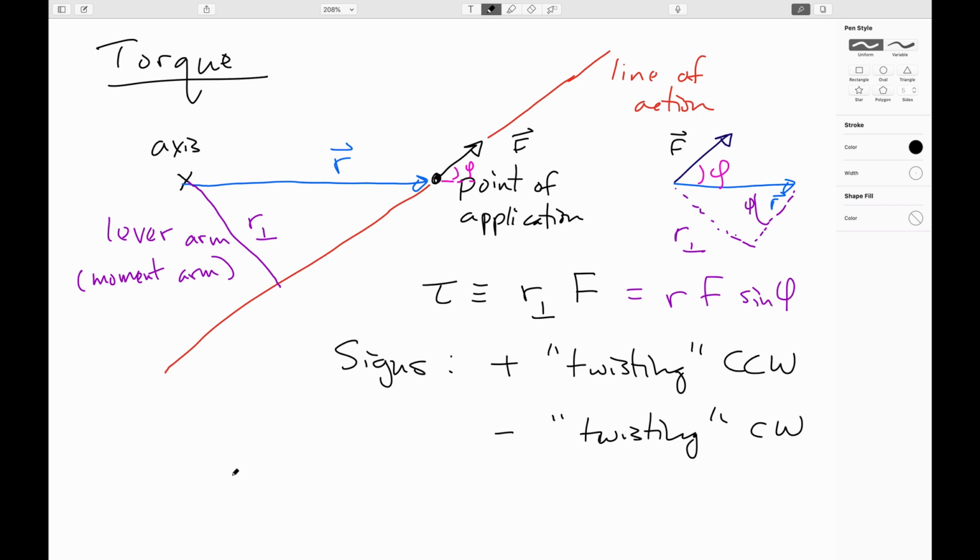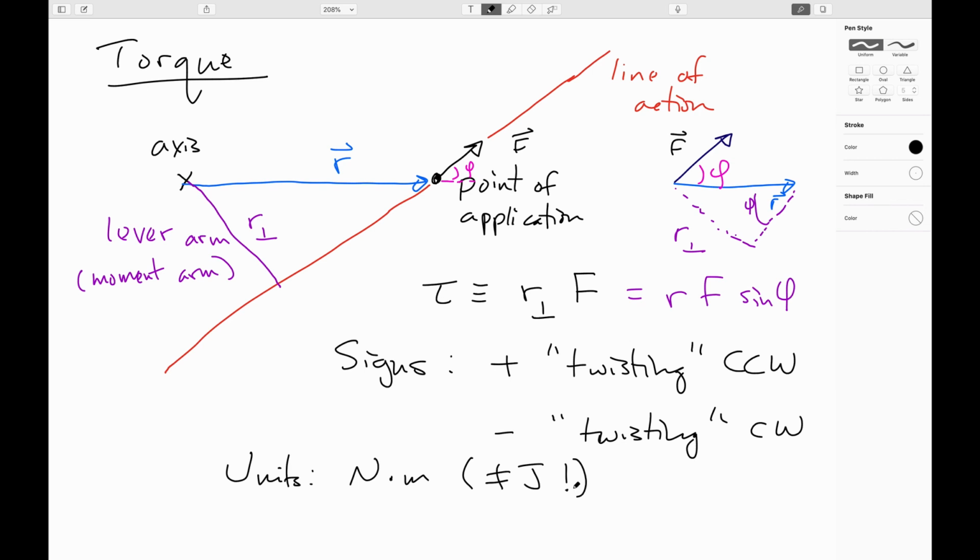So the units of torque are Newton meters. Now, looking ahead a little bit to when we get to energy, I'm just going to put in right now that this is not a joule. If you don't know what energy is yet, that's okay.